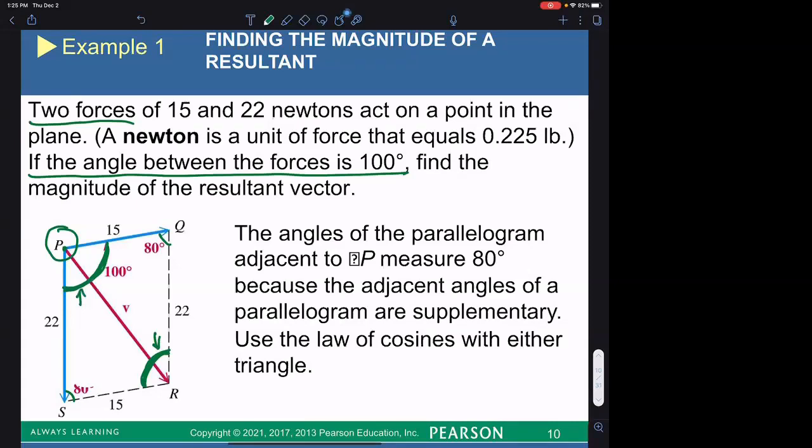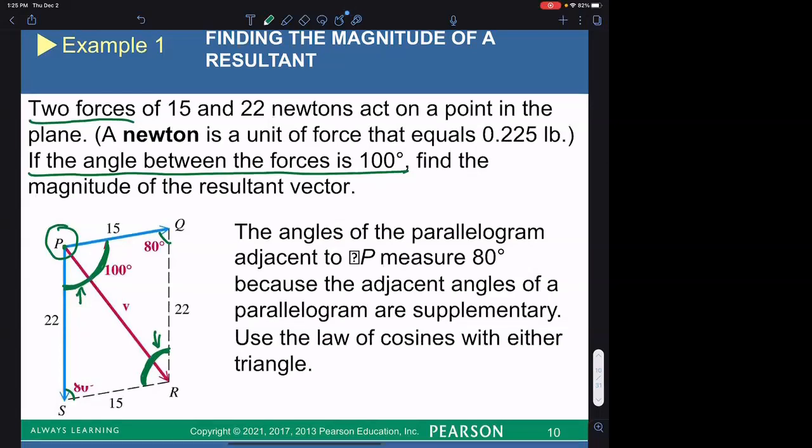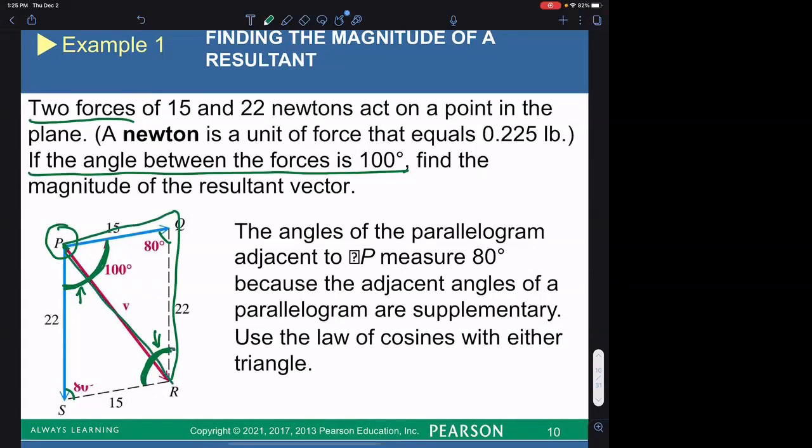And so when we look at this triangle in the upper right that's formed here, in that triangle, this angle plus this angle, those are two angles in a triangle that then have to add up to 180.